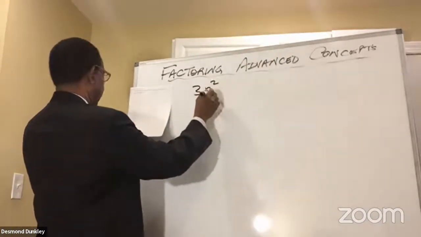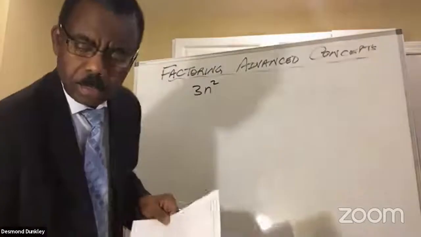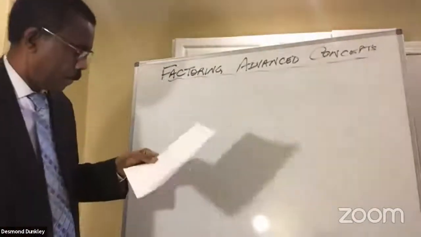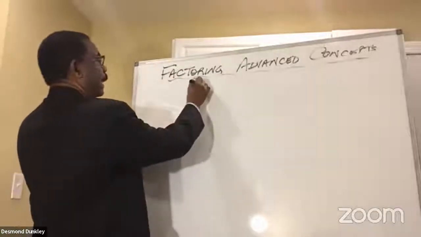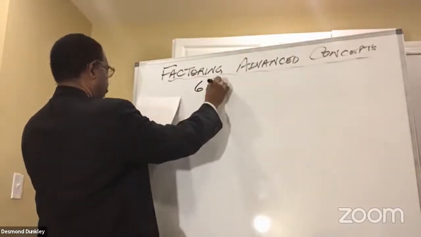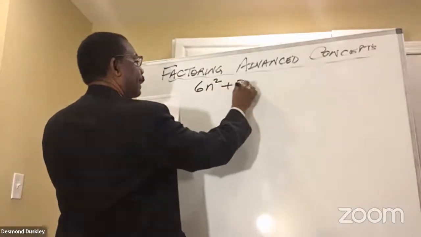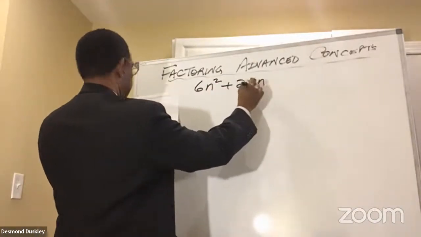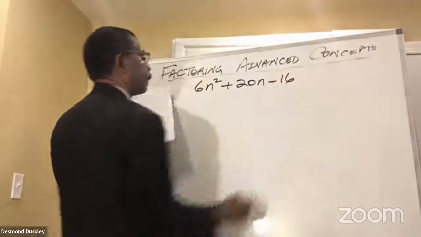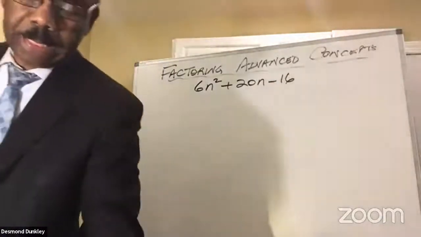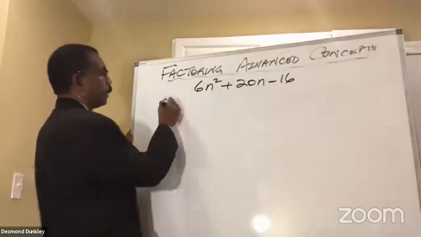Actually, let's do this. 6n squared plus 20n minus 16. Here goes.